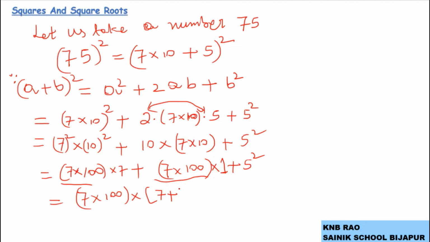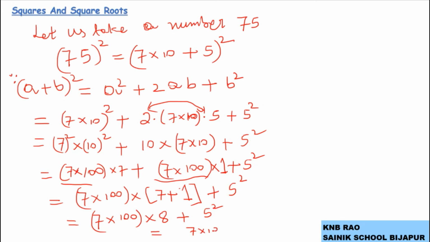So that nothing actually gives 1. So plus 5 square. Now 7 into 100 into 7 plus 1 is 8, plus 5 square. That's how now you got it.